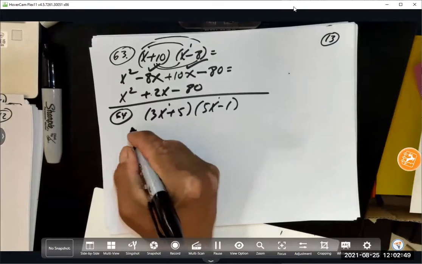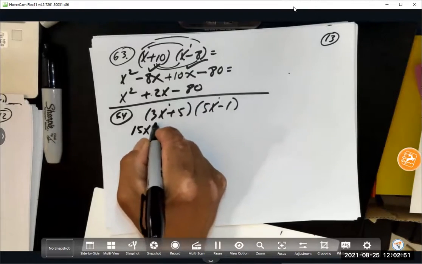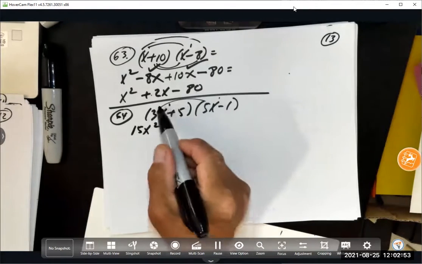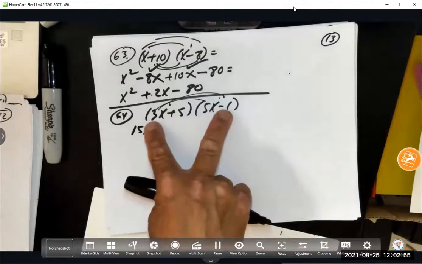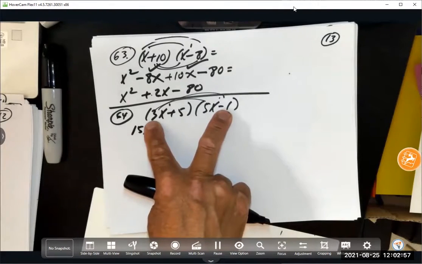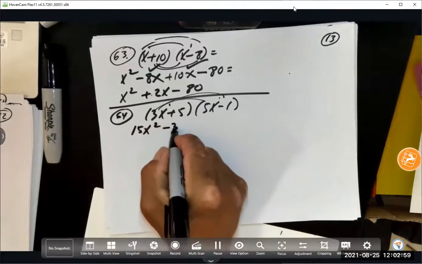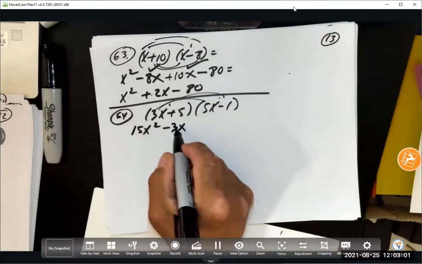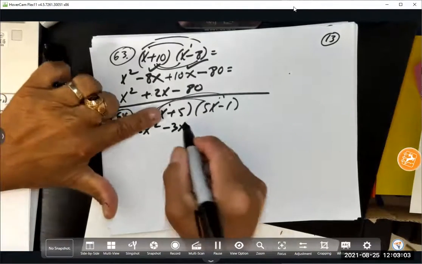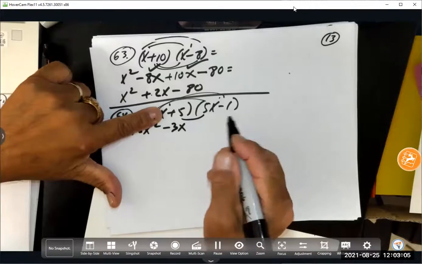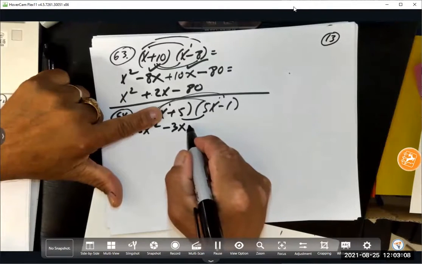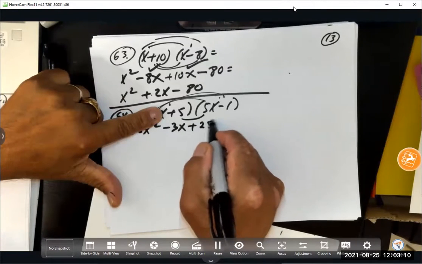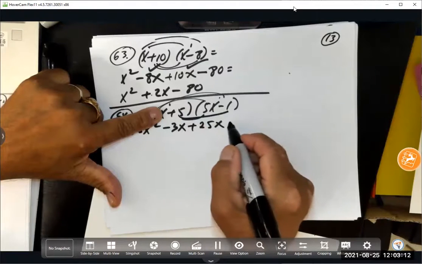Okay, so let me write this down. 15x squared. And what's 3x and negative 1? Negative 3x. Okay, so this time, this is now this one. 5 times 5x. Think about it. 5 times 5. Positive 25x.